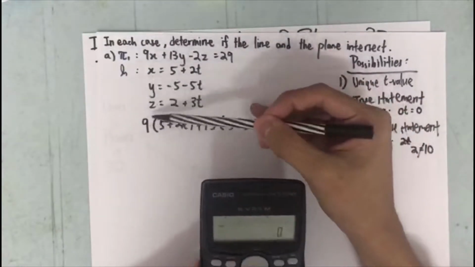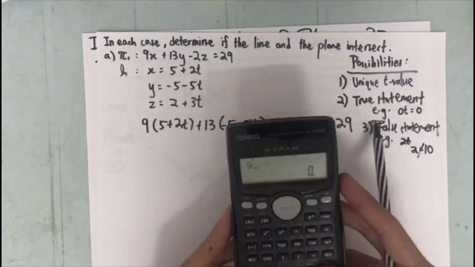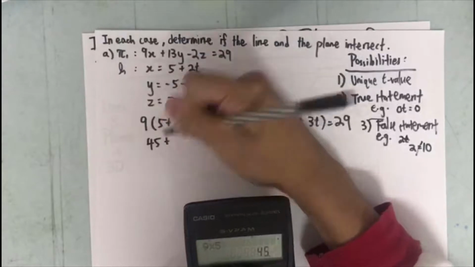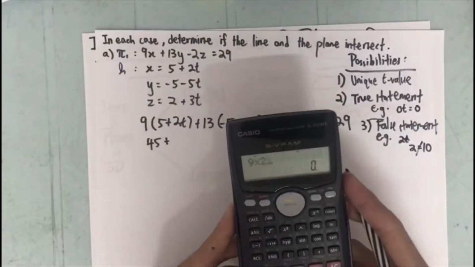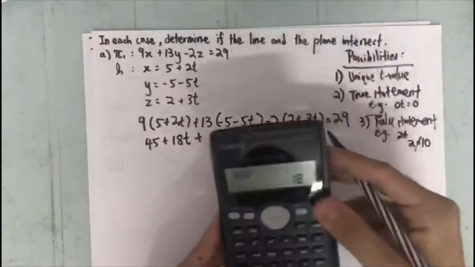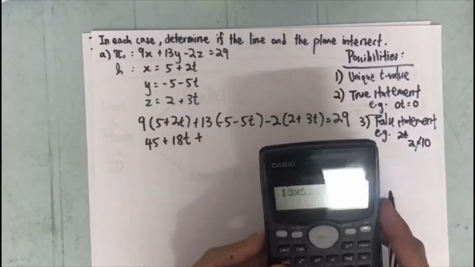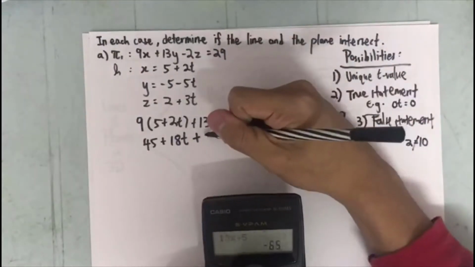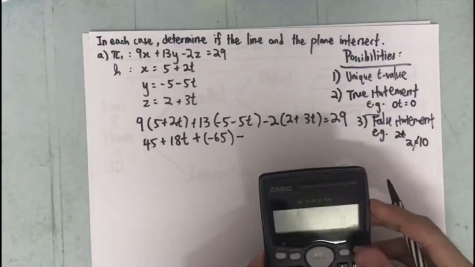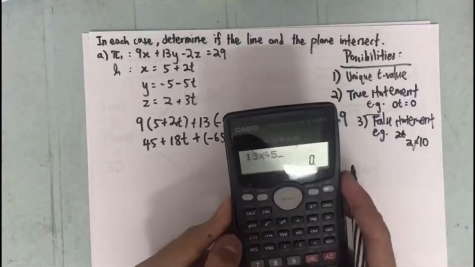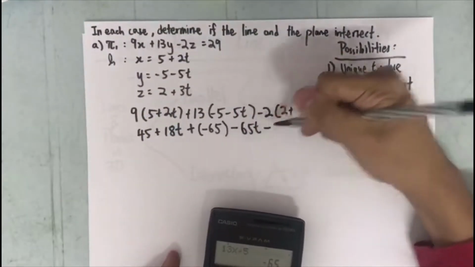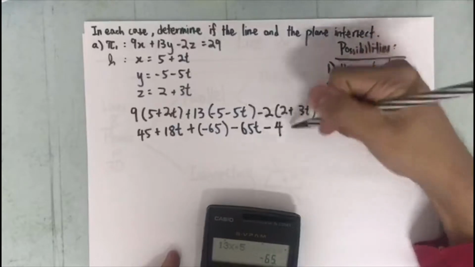So we need to multiply them into the bracket. 9 times 5 equals 45. 9 times 2t equals 18t, plus 13 times negative 5t equals negative 65t. Negative 2 times 2 is negative 4.